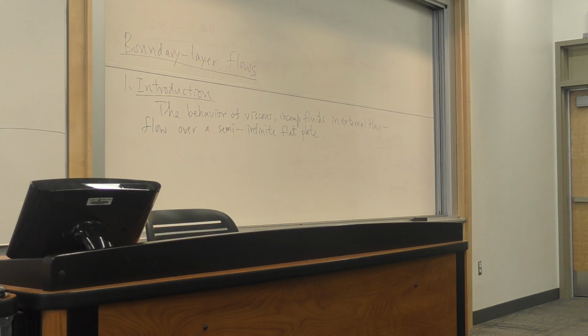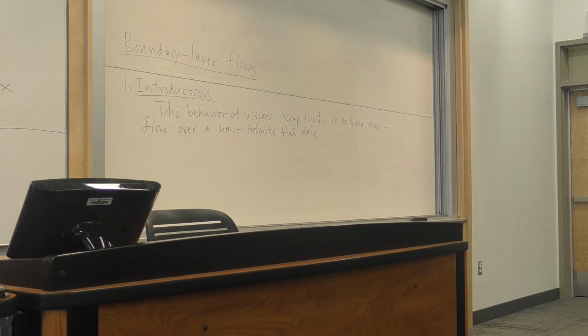Let me explain that after I draw the diagram. It's two-dimensional, meaning into the board, it looks always the same. Semi-infinite in the sense that in the x direction, it goes on forever. And that's my x direction. The vertical direction is my y direction.